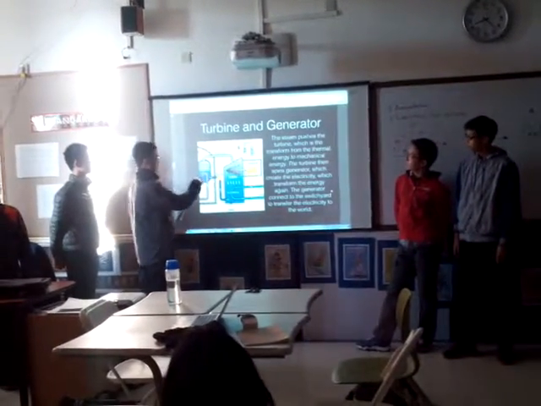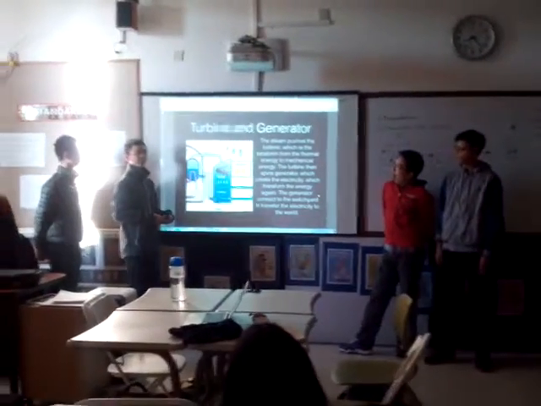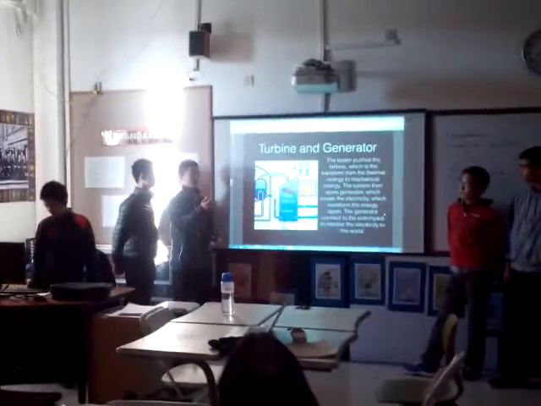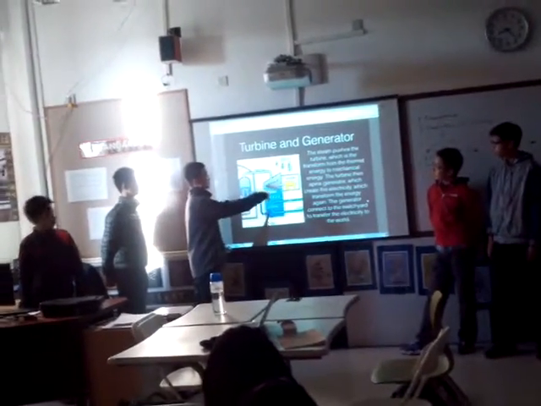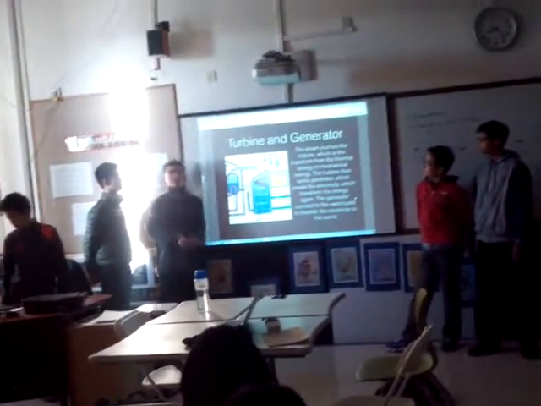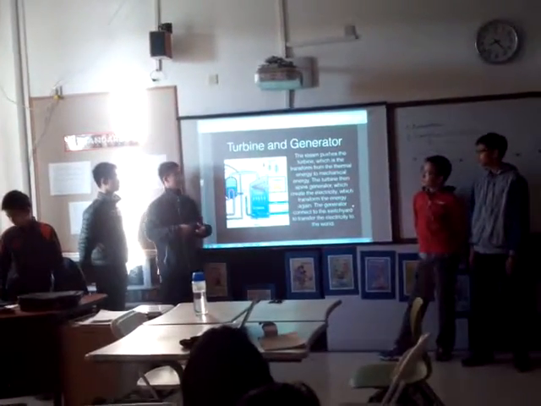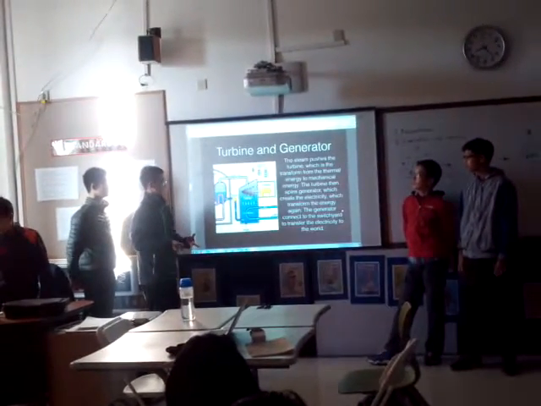And then we continue from the steam. So the steam, which is generated from cold water, travels through the steam line, and the steam is very hot, so it moves quickly, and it turns the turbine, which turns the generator, which generates electricity. And like the last group said, the generator has a magnetic field in it, which generates electricity.